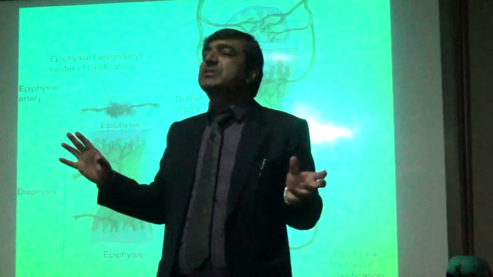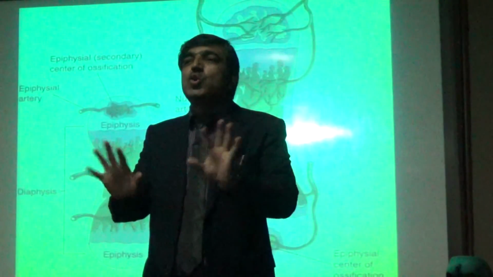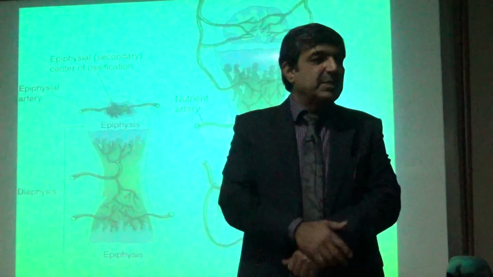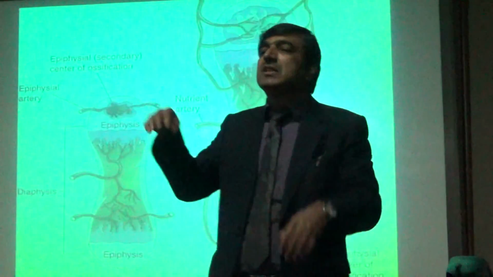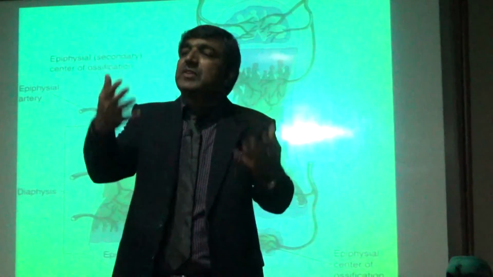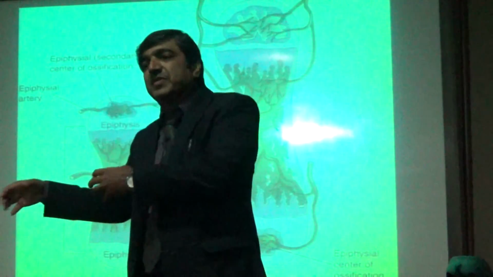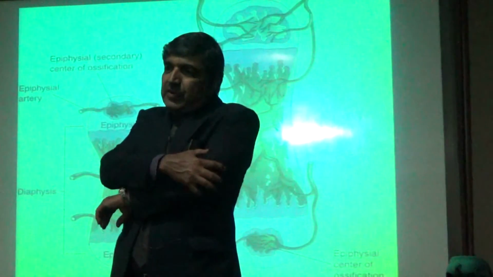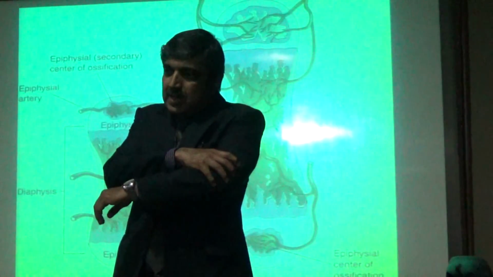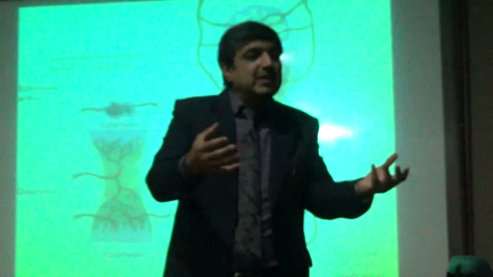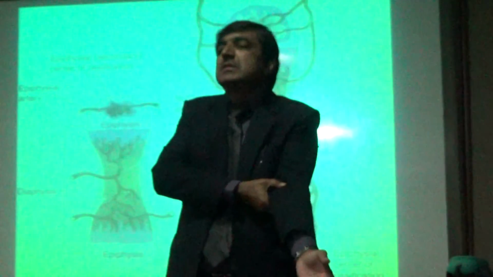If this programmed cell death does not occur, a human cannot be formed normally. Similarly in the joints, the lungs, the blood vessels, the GI tract, cell formation and then programmed death of these cells is very important. Many cells of the connective tissue collect in the joint area, gradually start to die, and die in such a manner that the cavity of the joint is developed.